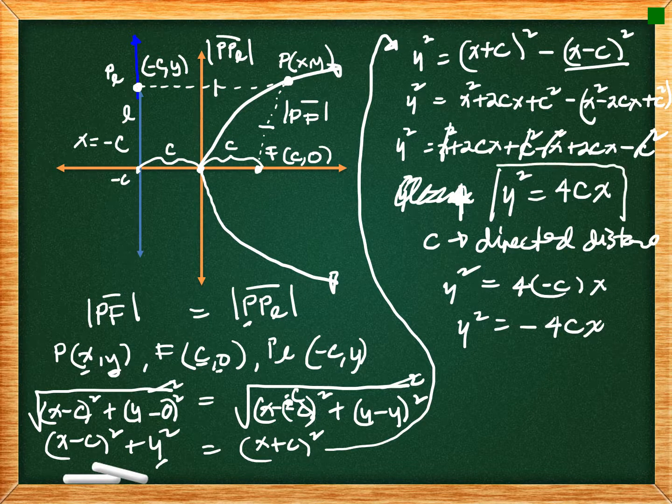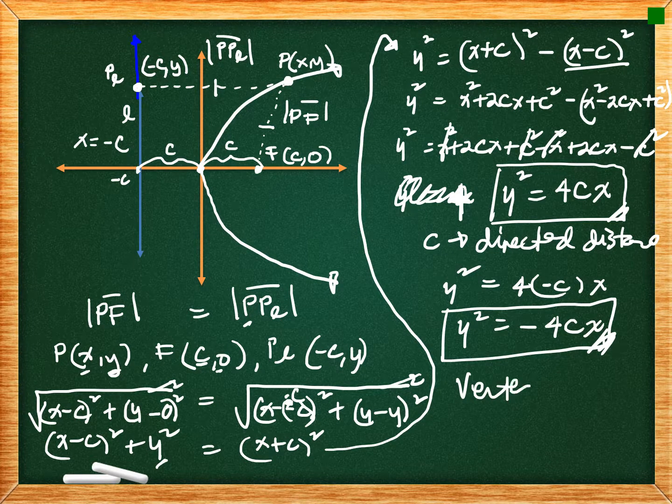So this is the equation when the parabola opens to the right, and this is the equation when the parabola opens to the left. Okay, and this only happens when the vertex of the parabola is at the origin 0, 0. All right.